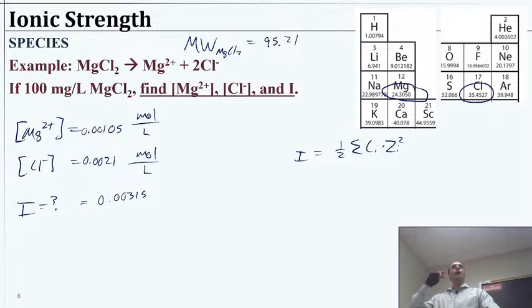So when we add magnesium chloride, we can't separate it yet. We have to figure out the number of moles of that we dissolve and then split it. If you said you had 100 milligrams per liter of magnesium and 100 milligrams per liter of chloride and went from there, you missed the fact that they started as a combined thing.